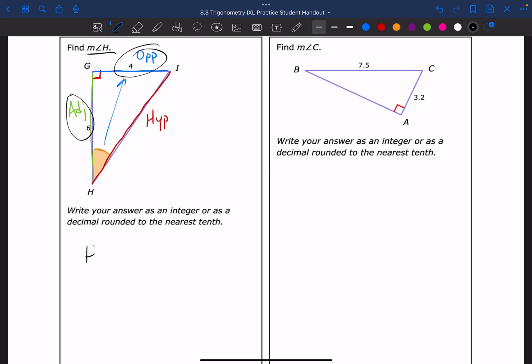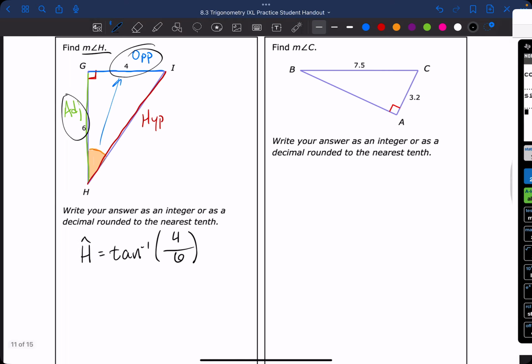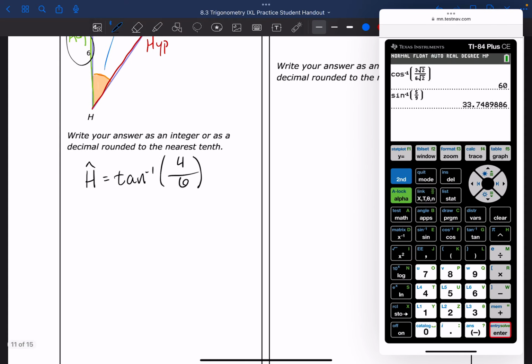So the angle H is equal to the inverse of tan, where I put the opposite side on top, 4, and then I put the adjacent on the bottom. And there we go. Grab my calculator. Figure out what it's going to be using my calculator. I'm just setting it up right now. Ooh, I can make approximation signs. There we go.